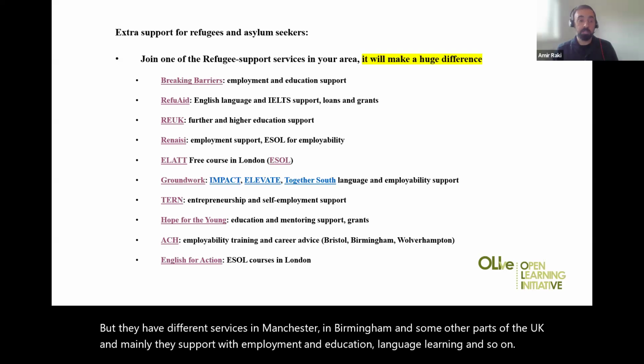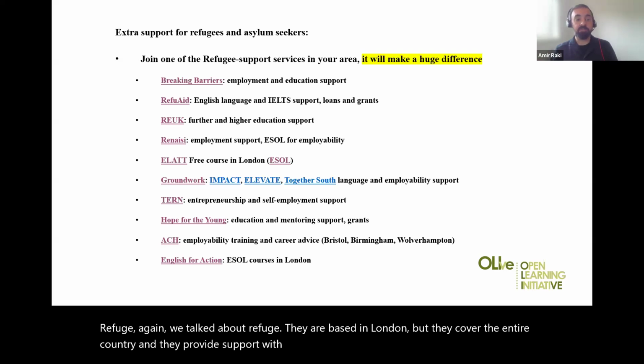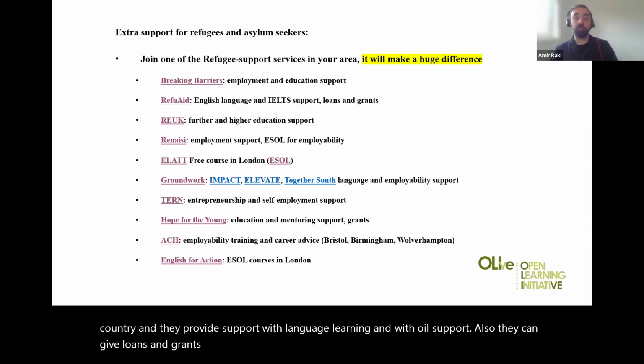Refuate, again, we talked about Refuate. They are based in London, but they cover the entire country, and they provide support with language learning and with IELTS support. Also, they can give loans and grants if you need money for having qualifications and so on and so forth.